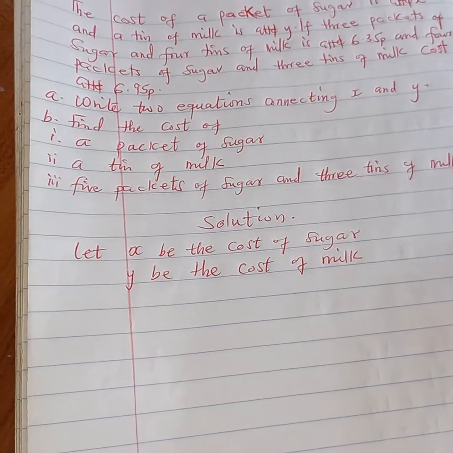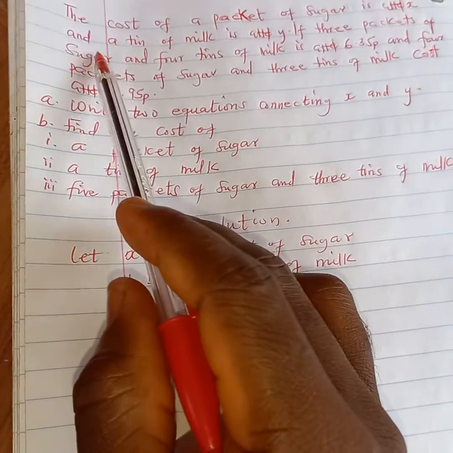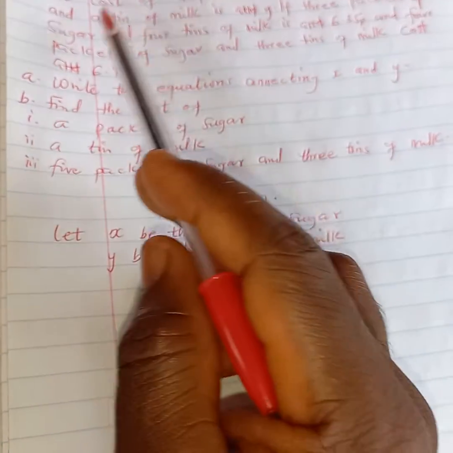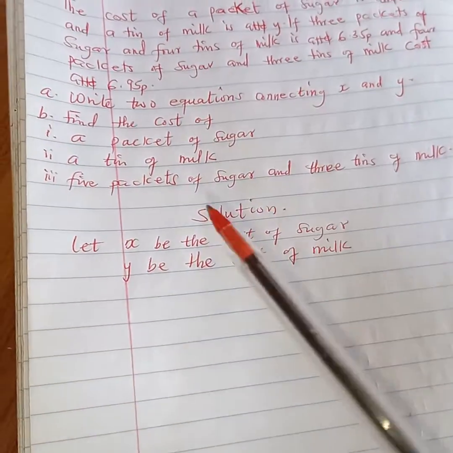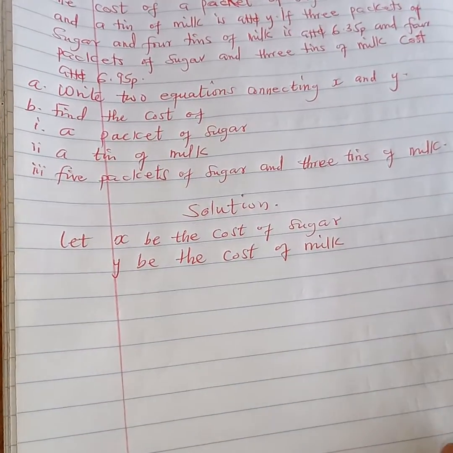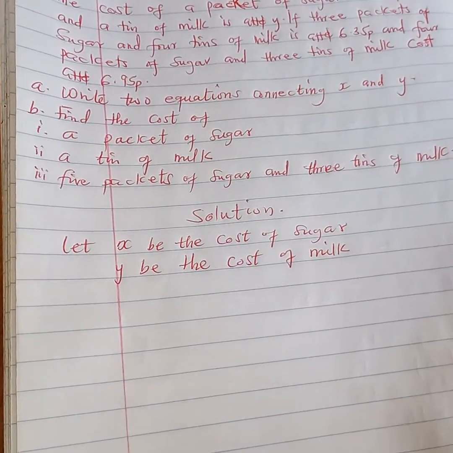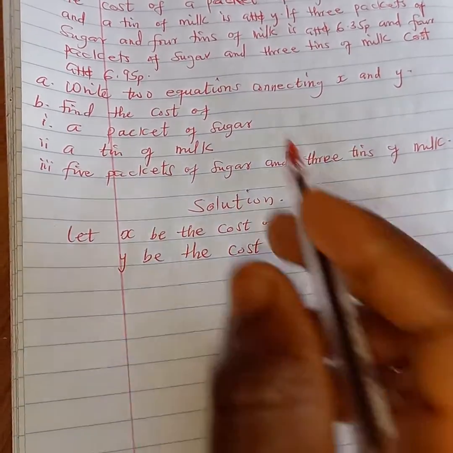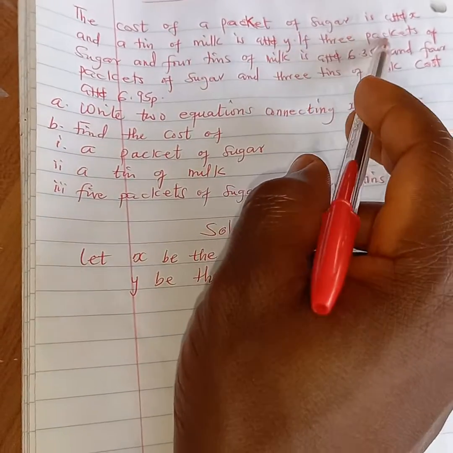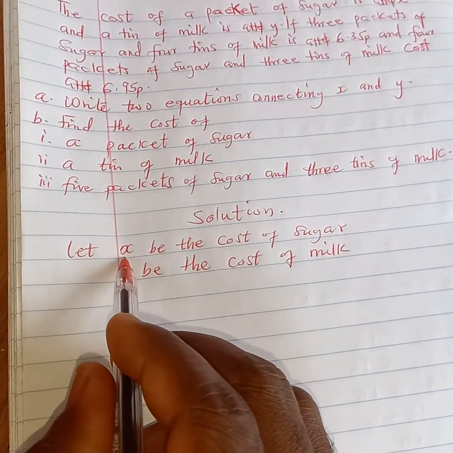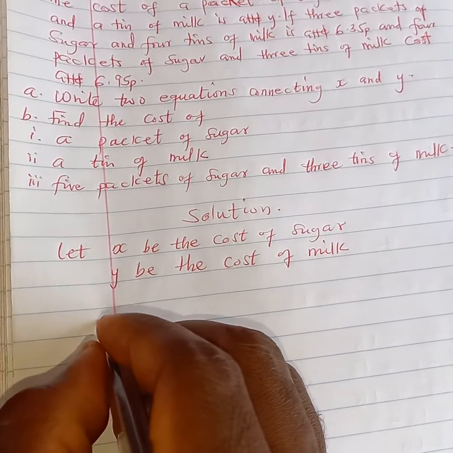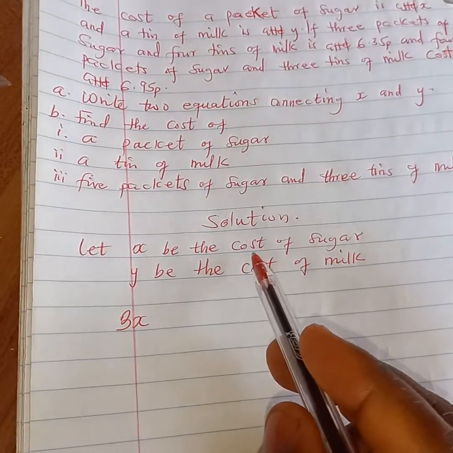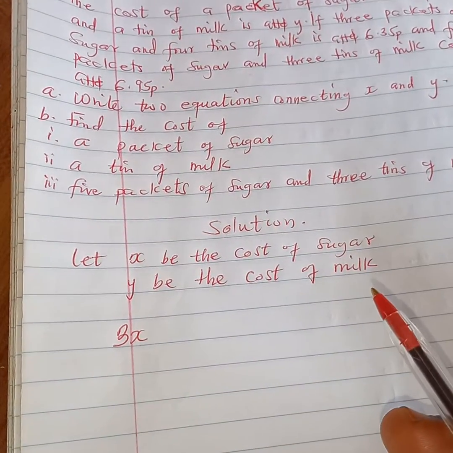As we have analyzed, the question is saying that if 3 packets of sugar, and by the sugar we have x to be the cost of sugar, how much will 3 cost? Do you get it? So it is going to give us the first expression. 3 packets of sugar, 3 times x, so we have 3x, and x being the cost lets us know the actual price.